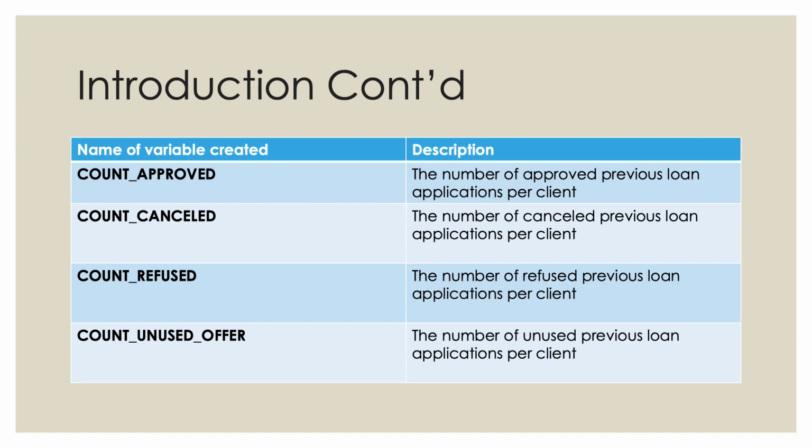I counted the number of approved, cancelled, refused, and unused applications per client, which gave me new variables from the outcome variable in the previous application. I was able to create these four variables and merge them into my new application data set, which I feel was really helpful for me.